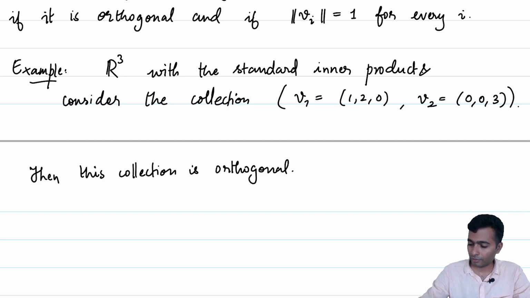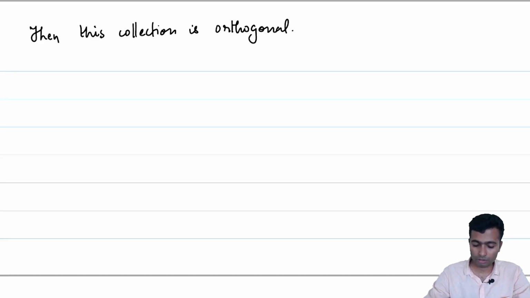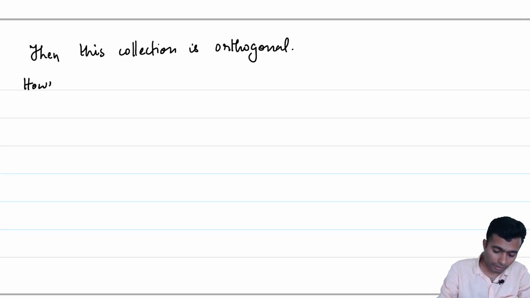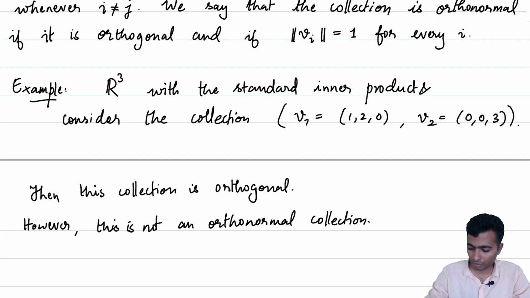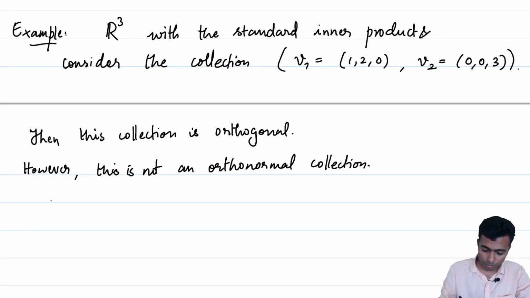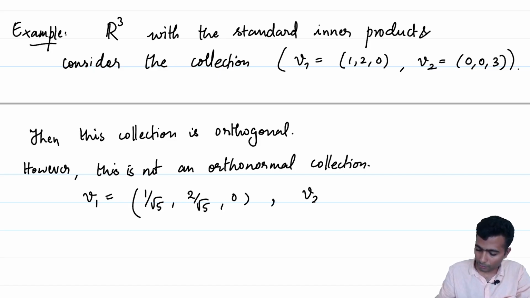However, if you observe carefully, this is not an orthonormal collection. What would be an orthonormal collection? Let's see. Maybe v1 equal to (1 by square root of 5, 2 by square root of 5, 0), and v2 equal to (0, 0, 1).